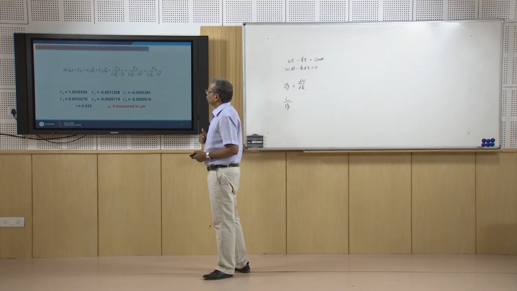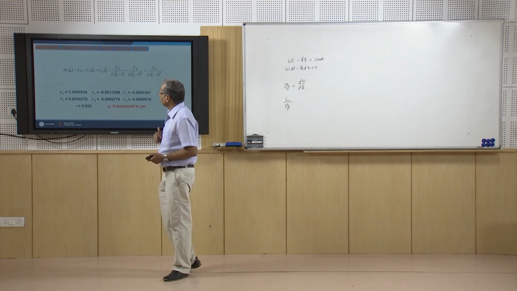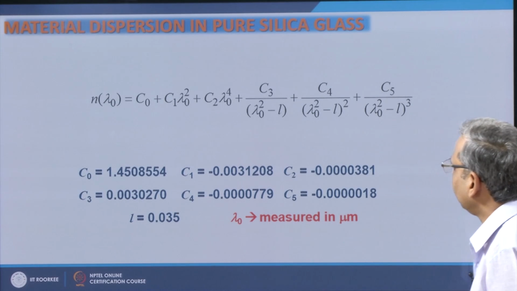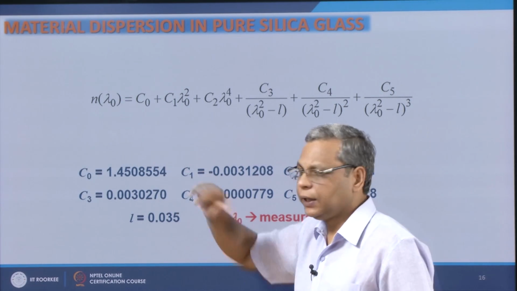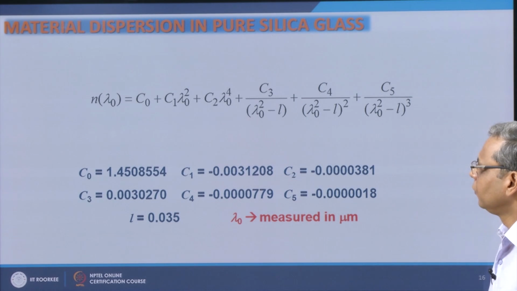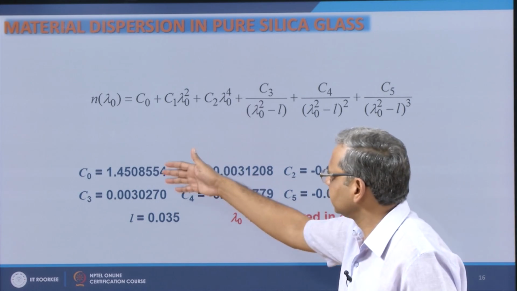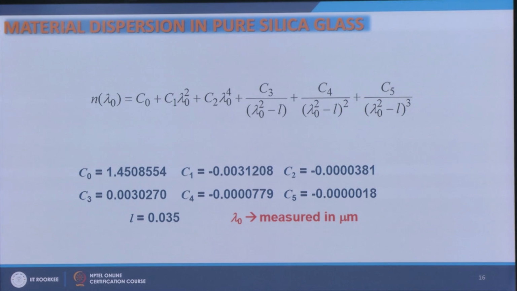Let me do this for pure silica glass. It is fused silica, and the variation of refractive index with wavelength of fused silica glass is given by this, where various constants have these values and lambda naught is measured in micrometer.